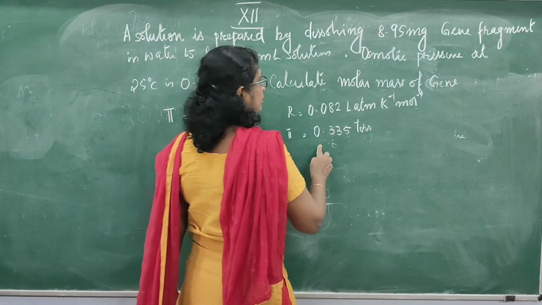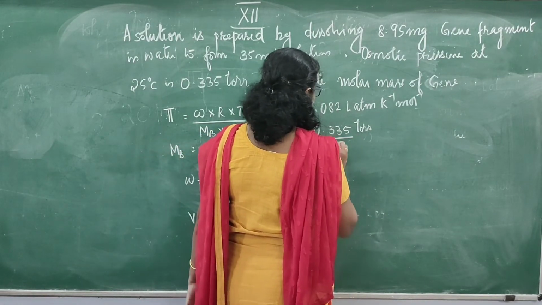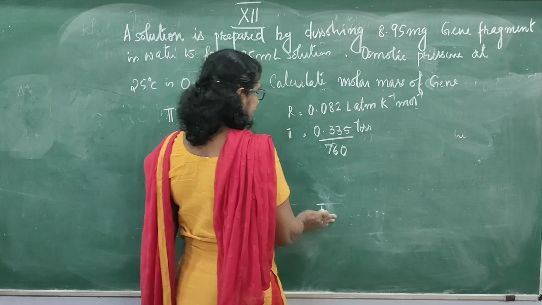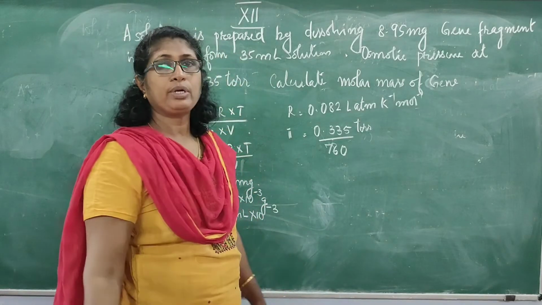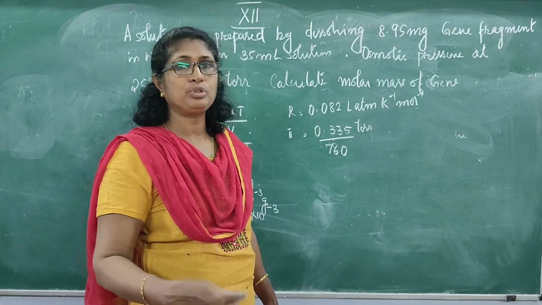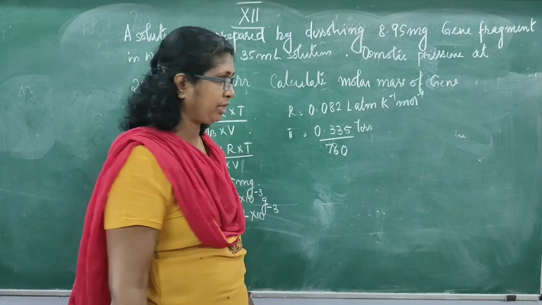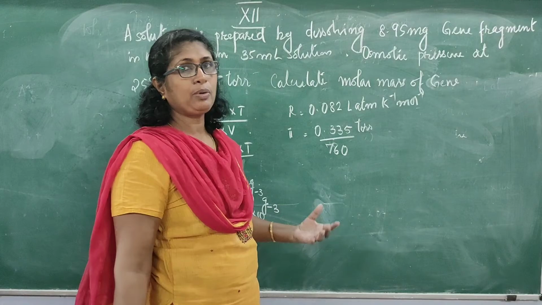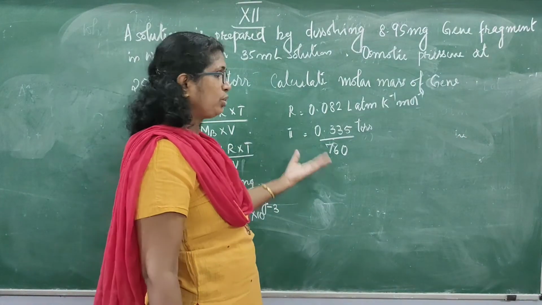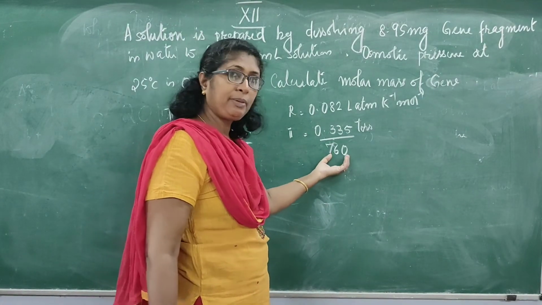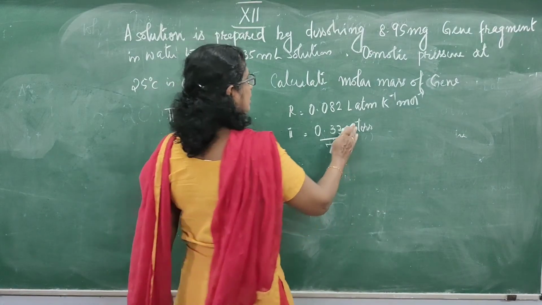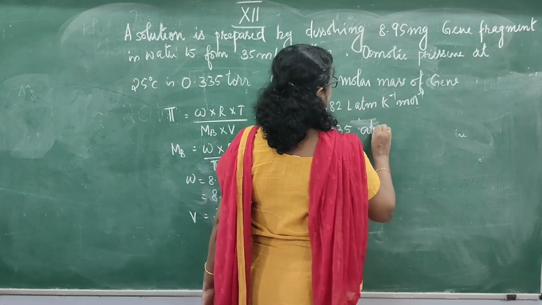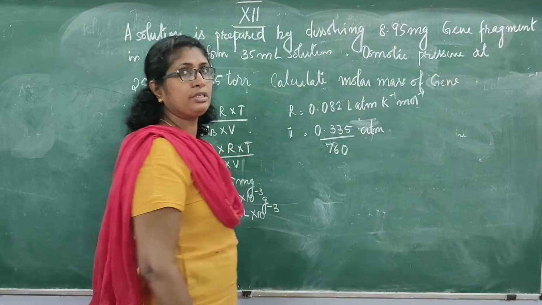So you will have to convert that; you divide with 760. If you divide torr with 760, you can convert to atmosphere. It is almost similar to millimeters of mercury. 1 torr is equal to 1 millimeter of mercury. So to convert that, you will have to divide by 760. This much atmosphere it becomes. Now we have converted to atmosphere.